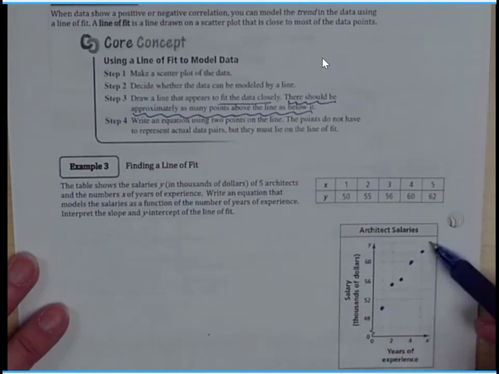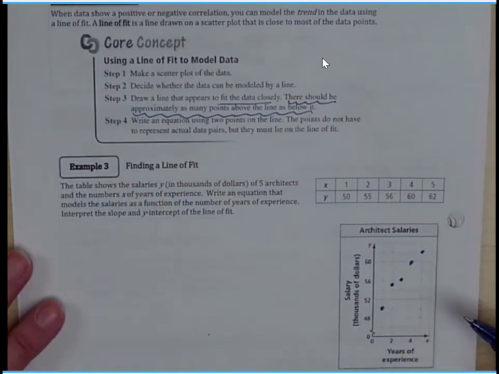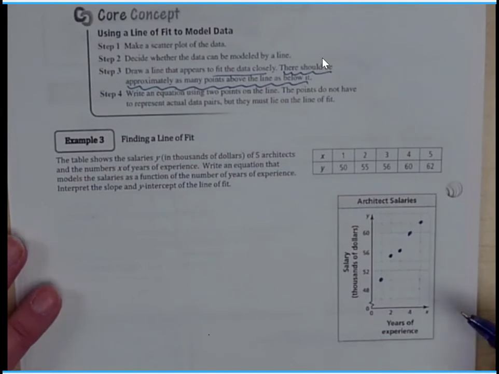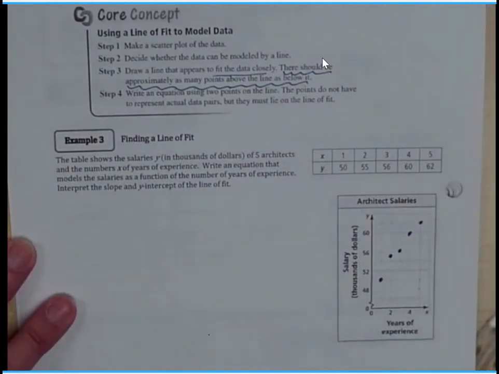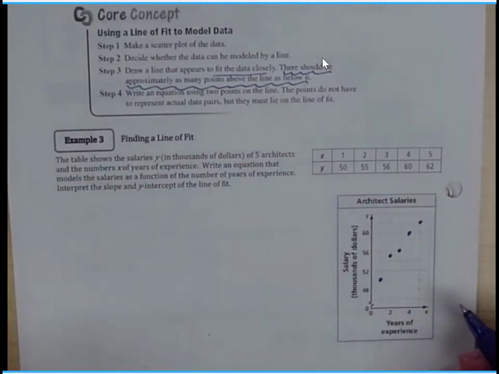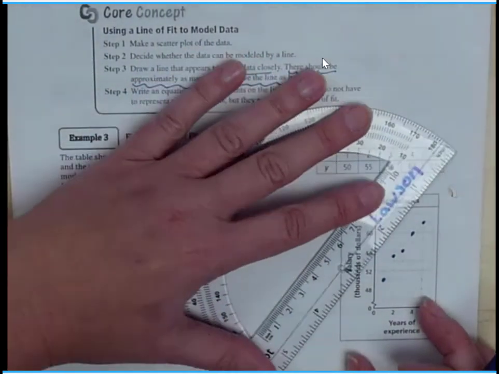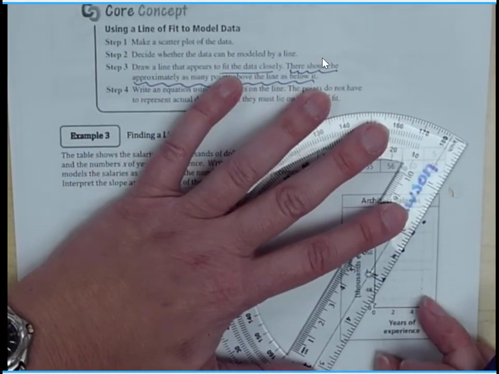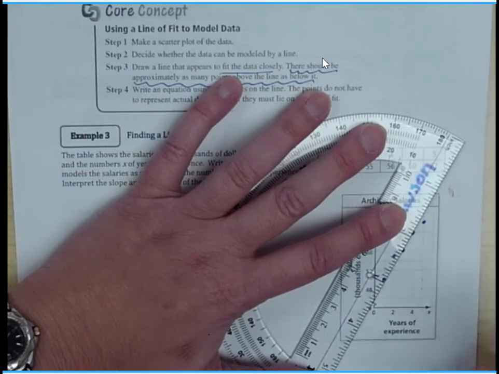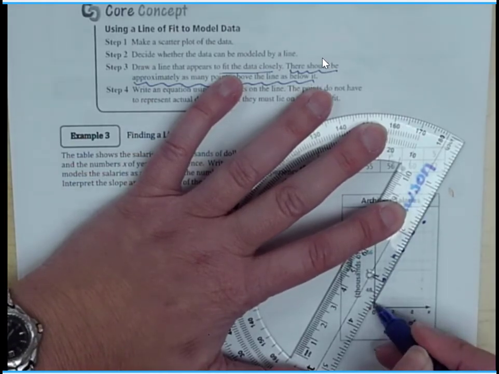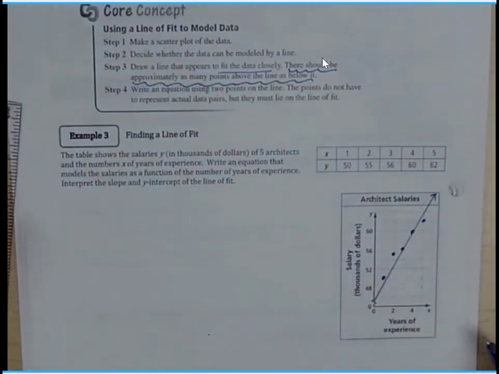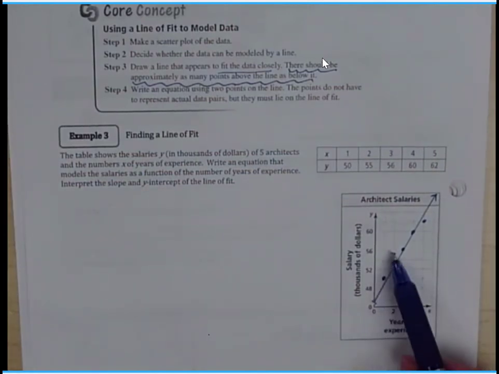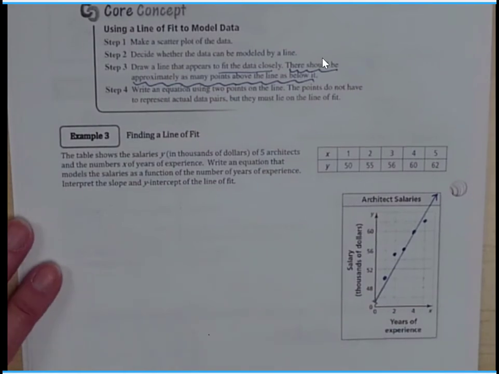So I've got 5 points here, which means I'm probably not going to have an equal number above and below, but it should be pretty close. Now, everyone's line may be a little bit different, but let's see, what do I have here? Okay, they should all be pretty darn near close. Now, is everybody's perfect? Nope, but I got 2 above and 1 below.